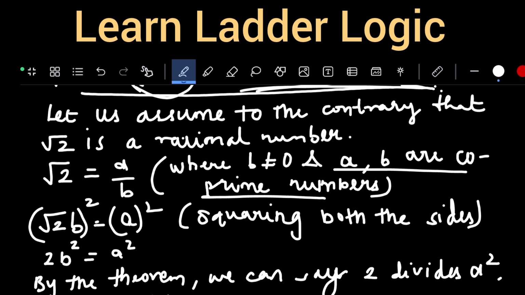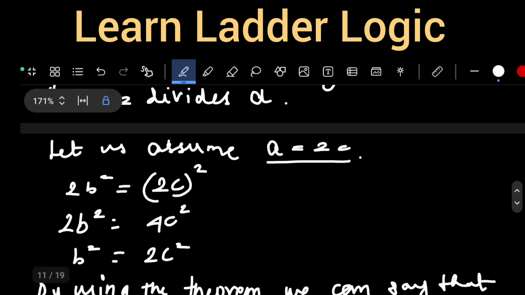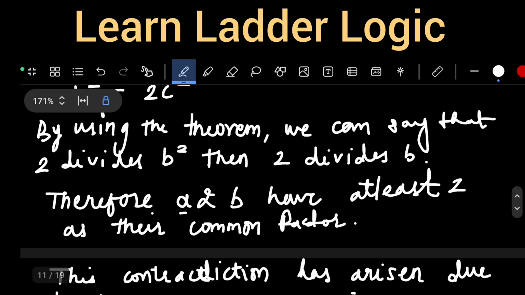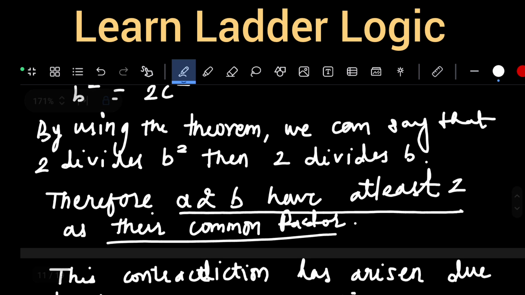So here we saw that we were getting 2 as the common factor for both a and b. Therefore, a, b have at least 2 as the common factor. So we have written below that this contradiction has arisen due to incorrect assumption. Therefore, root 2 is an irrational number. I hope you understood the concept.